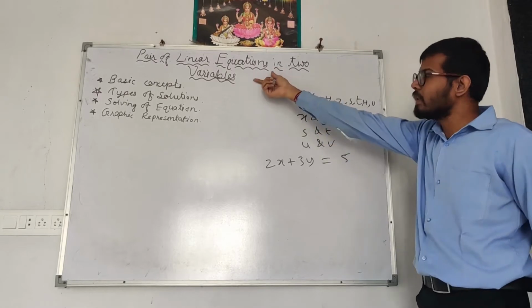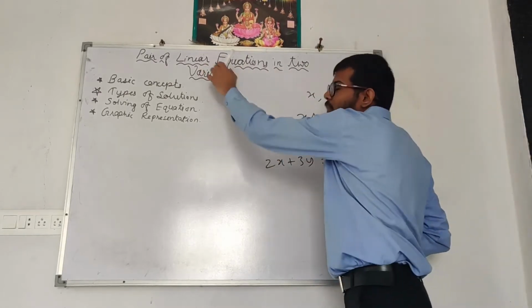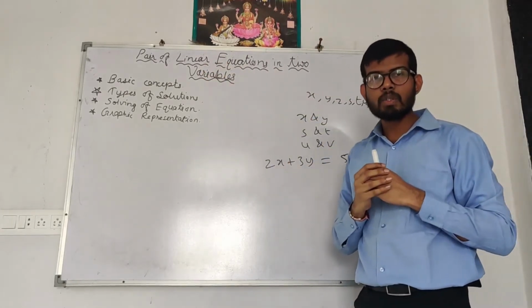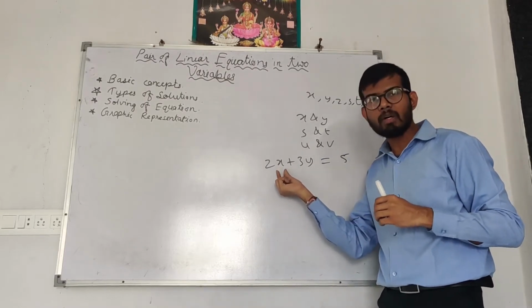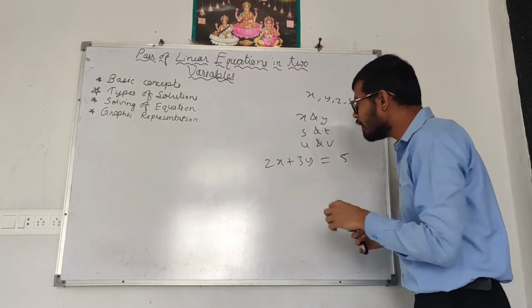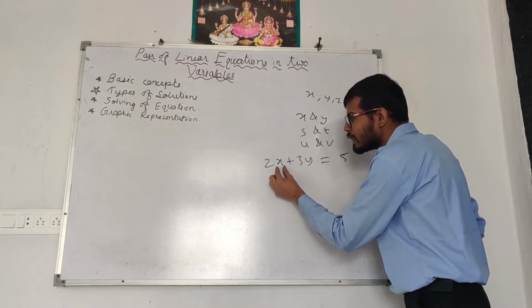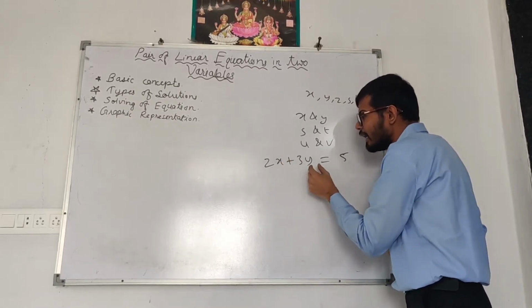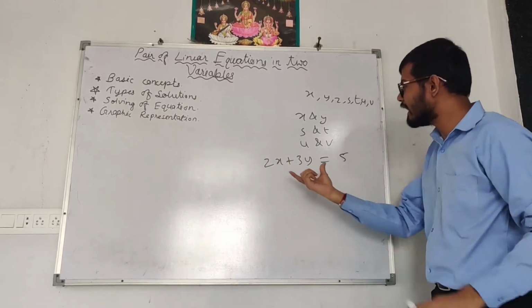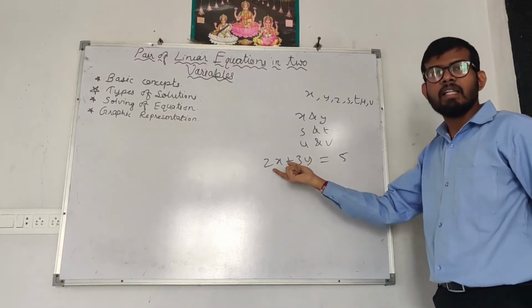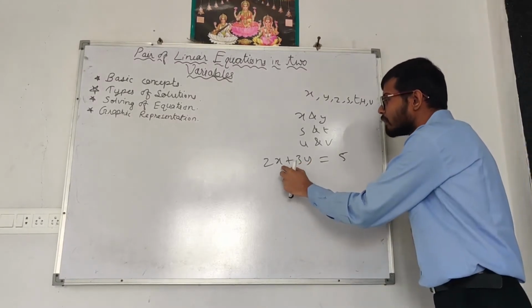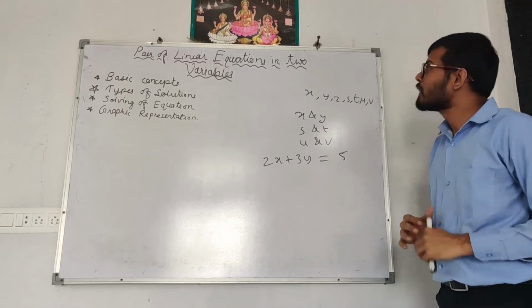This is called an equation. Now, what are linear equations? Linear equations are those in which the highest power of the variable is 1. In this equation you can see the highest power of x is 1 and of y is also 1. That's why this is a linear equation in two variables, x and y.